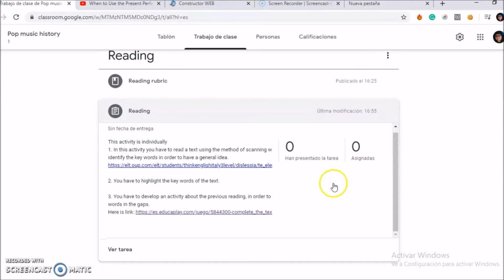The students have to work individually. So in this part, the students have to read the text of this link. They have to use the method of scanning to identify the general idea and the keywords.